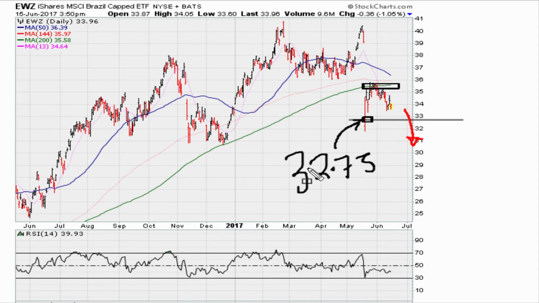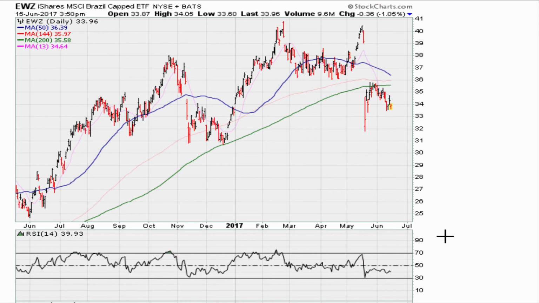Any move below 32.75 means that you can take a bearish position in anticipation of potential price deceleration. Why? Because the only way we can get this crossover is by a huge drop in price, and that's what you are playing here, the mathematics. So anything below 32.75 would be a break of the recent lows, while the 200-day moving average is flat.